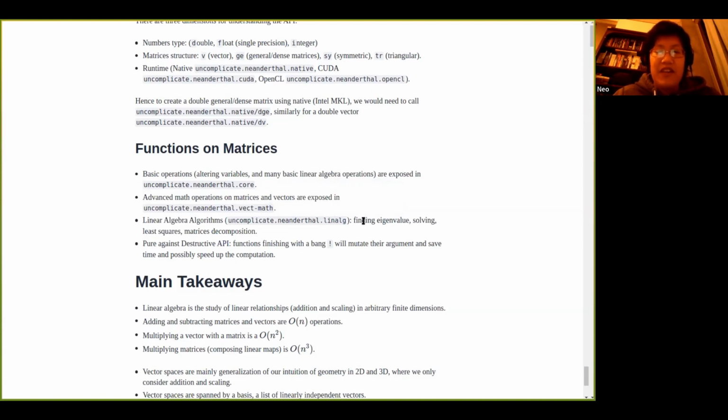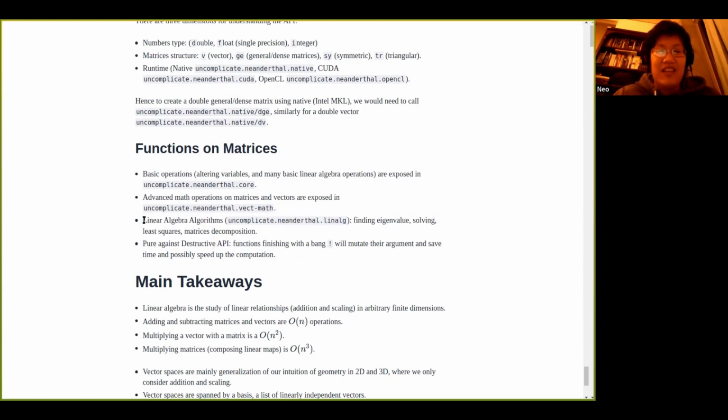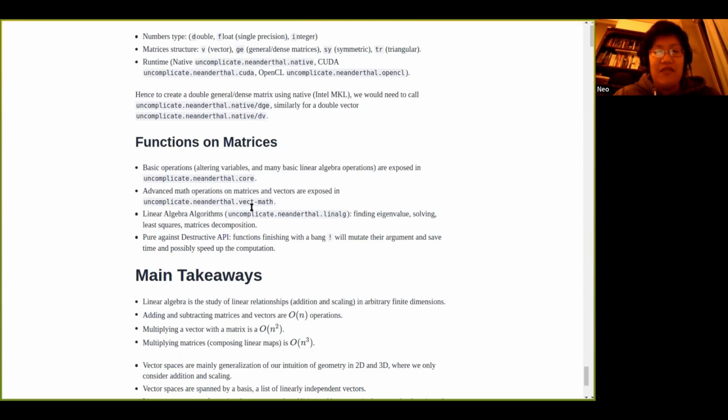Among them, you have finding eigenvalues, solving least squares, solving equations, and also matrix decomposition. If we do another presentation, the topic would be to dive into each of these functions and know how they work. For each of the functions, you usually have two versions: one is a pure function where we don't touch the input arguments, and one that destroys the elements and mutates them, and they all finish with a bang.